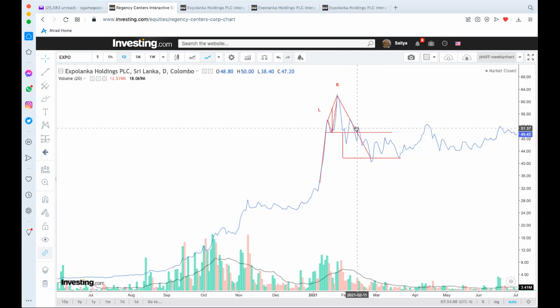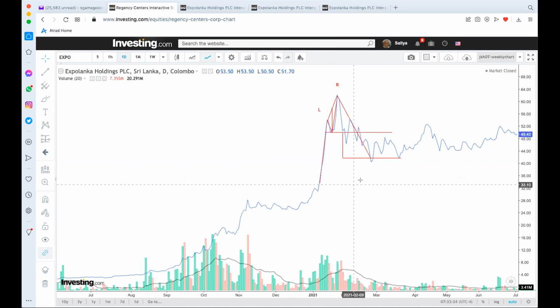But for it to come down, it took further time. So just because you look at a pattern doesn't mean that the pattern happens exactly the same way, right? And that will be very important going forward by looking at these charts.